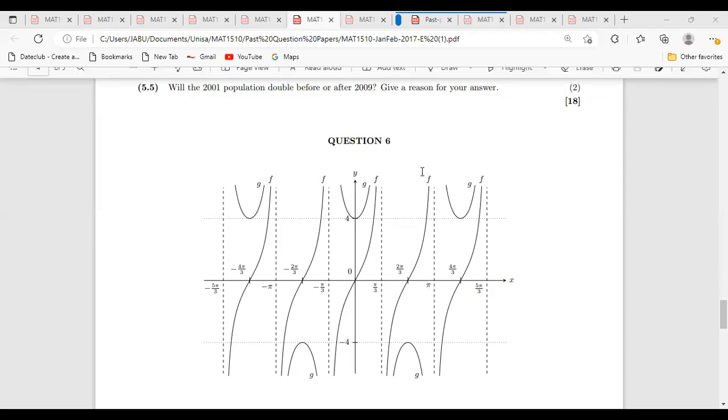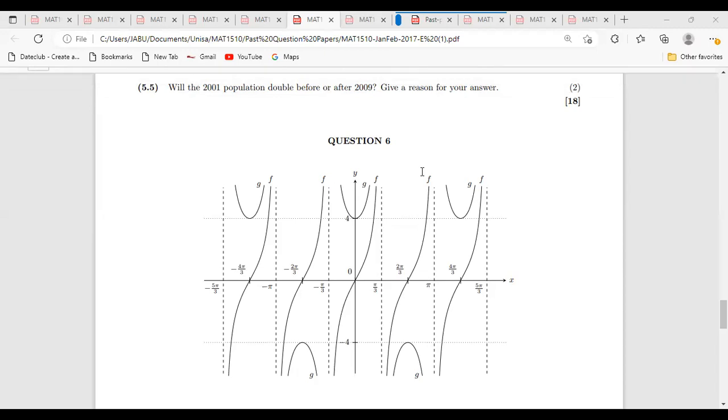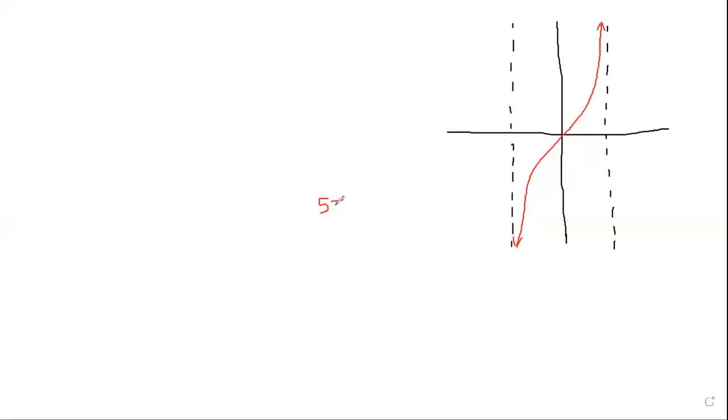Let's see what we get. 5 pi over 3 minus 3 pi over 3. 3 pi over 3 is pi.